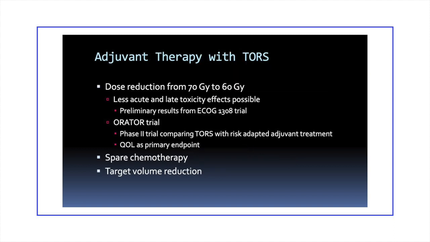Adjuvant therapy with TORS is allowing for dose reduction after surgery by reducing the radiation from 70 gray to 60 gray, and this provides less acute and late toxicity. There are other trials going on right now, for example, the ORATOR trial, that is trying to further lower radiation dose, and we are conducting a trial here as well at IU, Indiana University, to de-intensify therapy if possible for select patients.